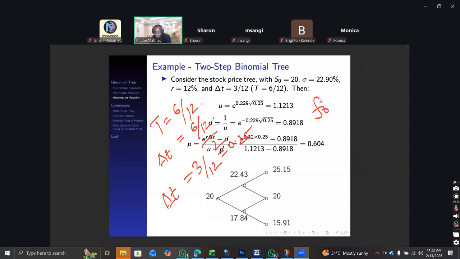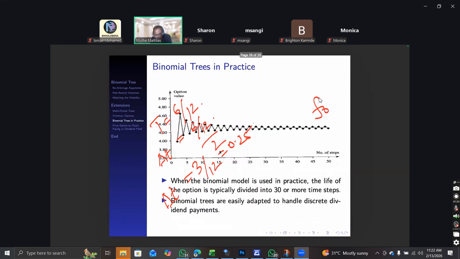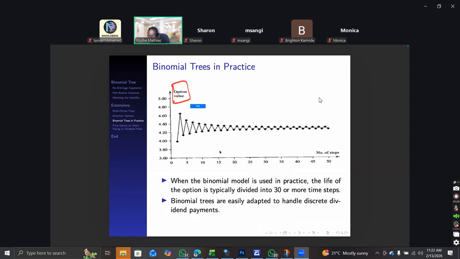So what I actually wanted to show in this plot is the motivation for what we'll do next. Here we are trying to plot the option price, and here we have the number of steps. This number of steps, of course, ni n, kwa sababu unasema kwamba your change in t is equal to capital T divided by n.